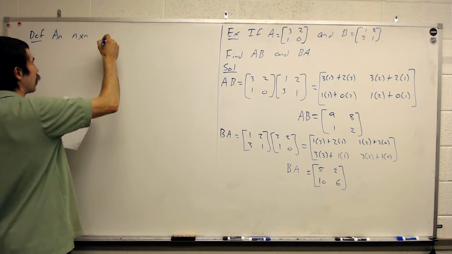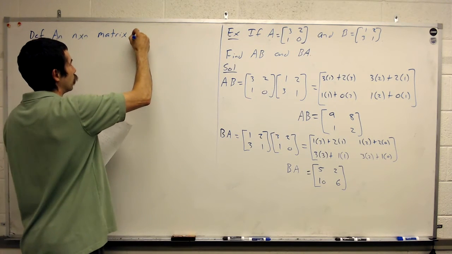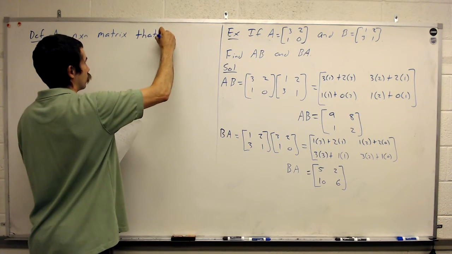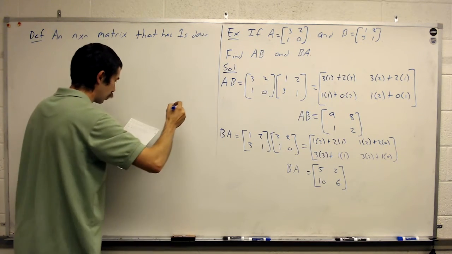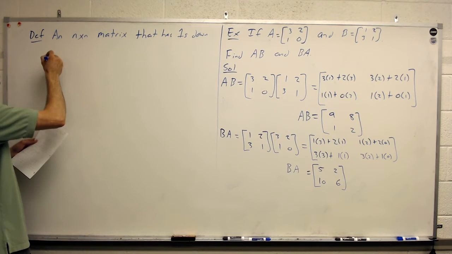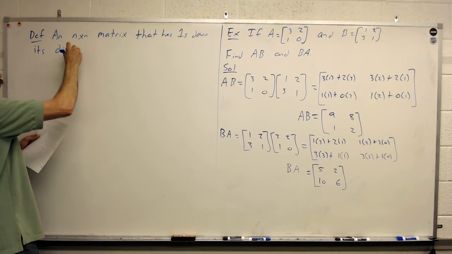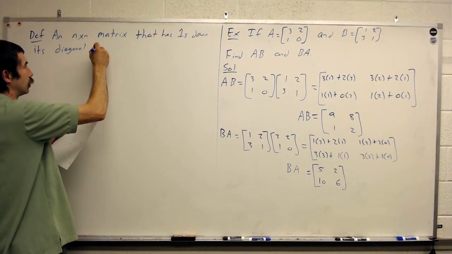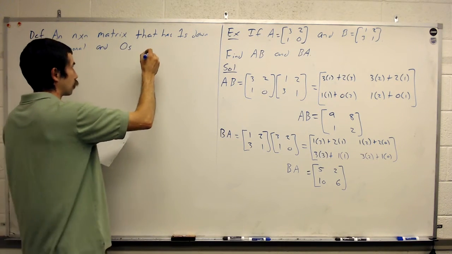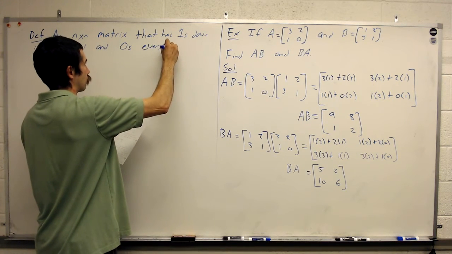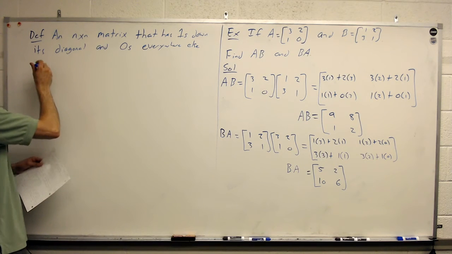So an n by n matrix that has 1s down the main diagonal and zeros everywhere else is called an identity matrix.